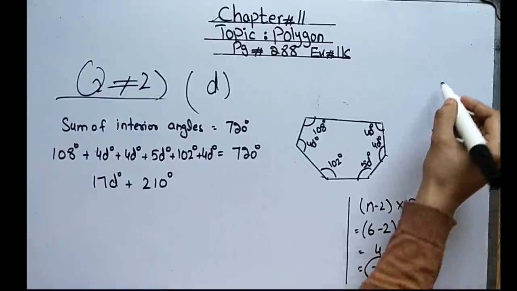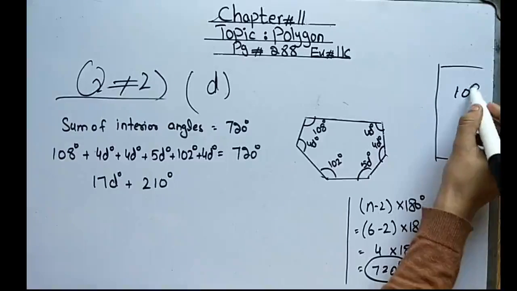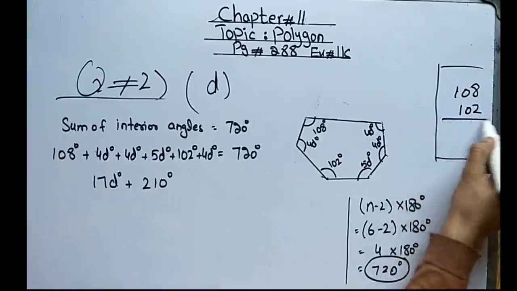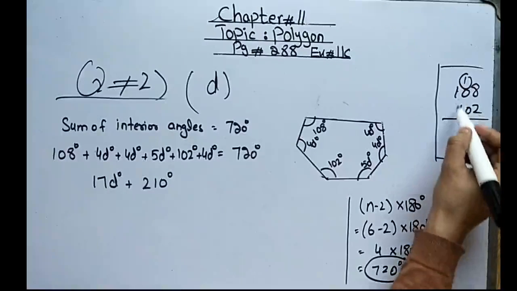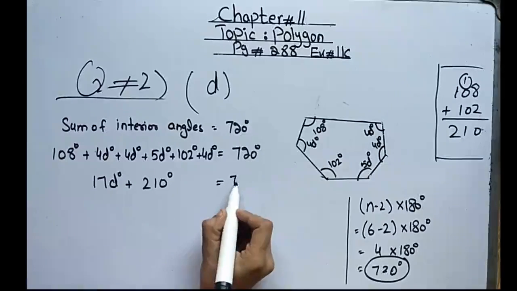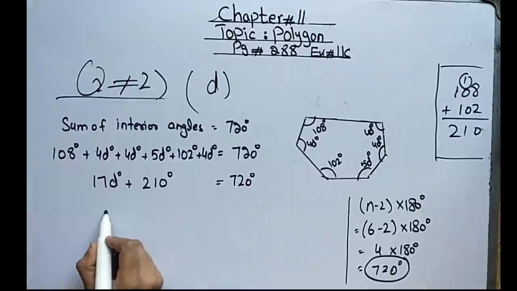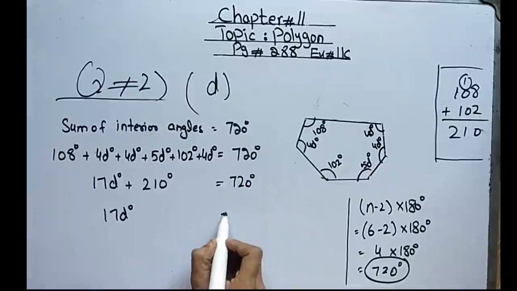So you can check here on the rough side. 108 plus 102 is 210 during addition. Fine. It is equal to 720 degrees. So in 17D, the constant will move to the other side.